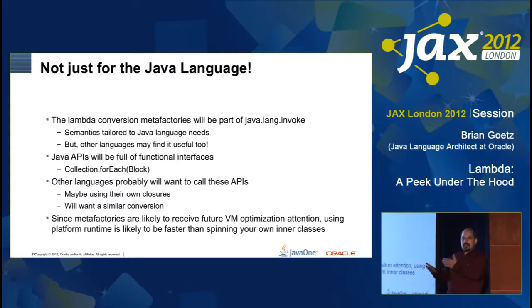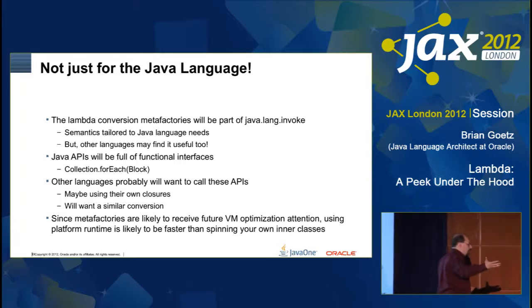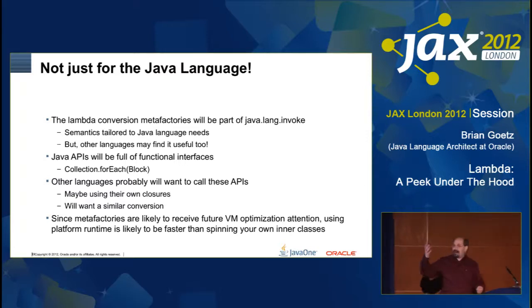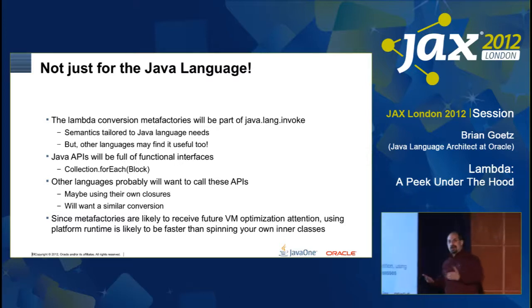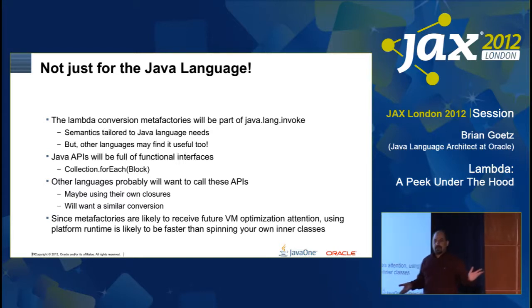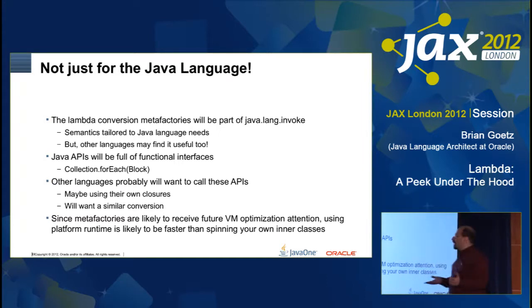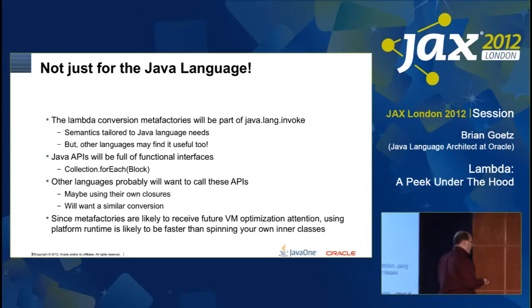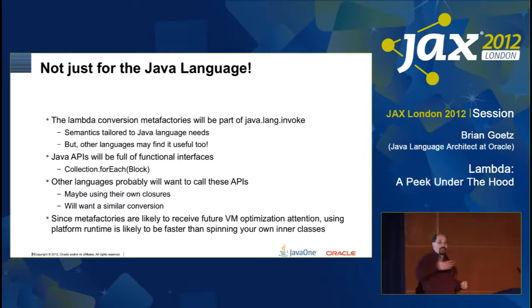And so what this does is, if you're the JRuby compiler developer, this gives you a path to say, all right, I'm calling this Java library and I want to pass a lambda to it. Why don't I use the same JDK runtime code to generate that lambda that the Java compiler would, instead of generating my own code? Right? Because compiler writers are lazy just like the rest of us. So if the runtime can do it for you and can do it efficiently and will get more efficient over time, why wouldn't you do that?